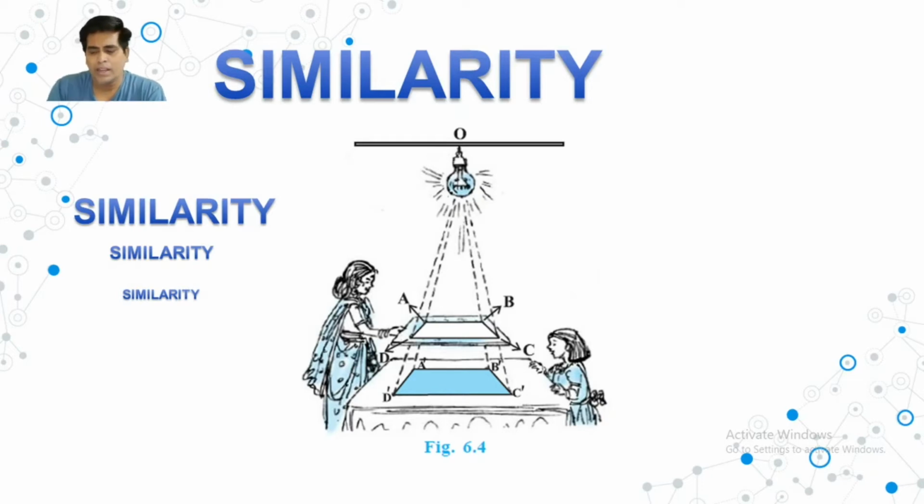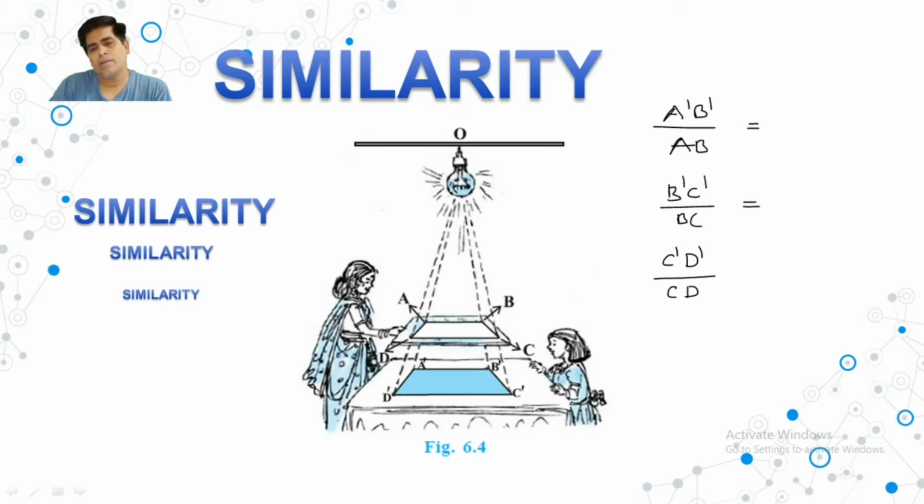So A dash B dash by AB ratio they found out, as well as B dash C dash by BC ratio, as well as C dash D dash by CD, as well as D dash A dash by DA.